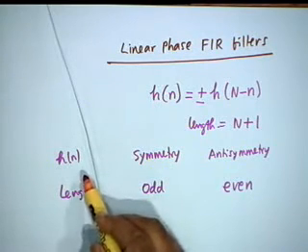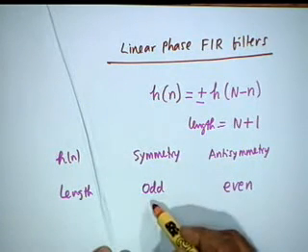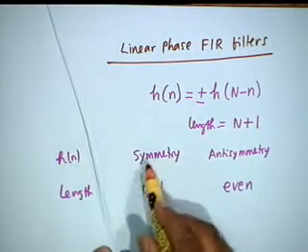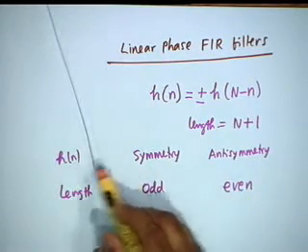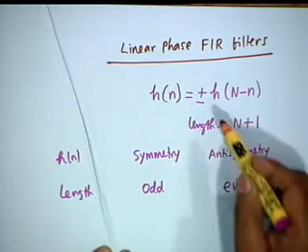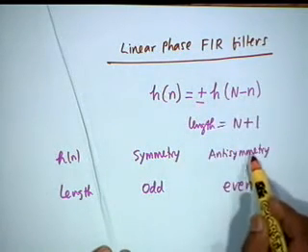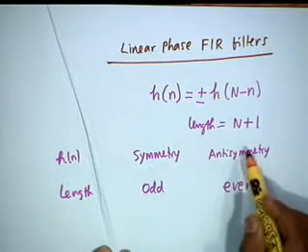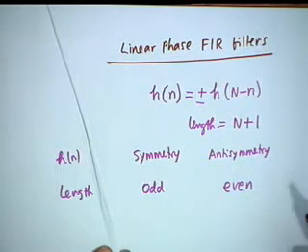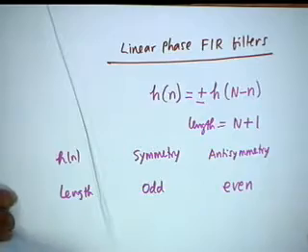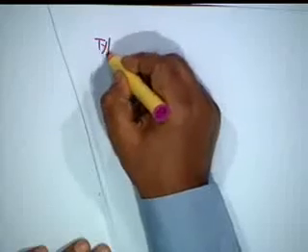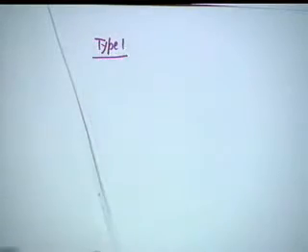That is, h(n) is symmetrical odd length, h(n) is symmetrical even length, h(n) is anti-symmetrical, anti-symmetry when the sign here is minus, anti-symmetrical odd and anti-symmetrical even. 4 cases arise, and these are usually designated as types 1, 2, 3 and 4 FIR linear phase filters.